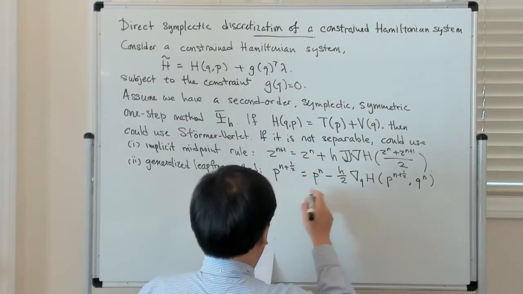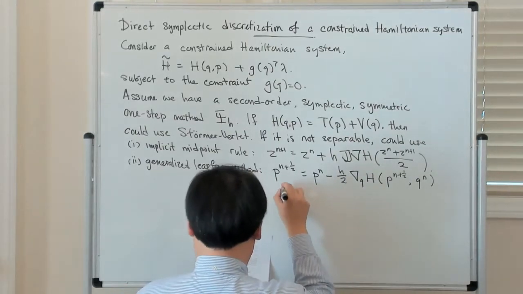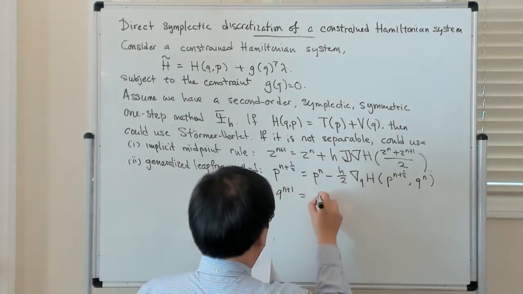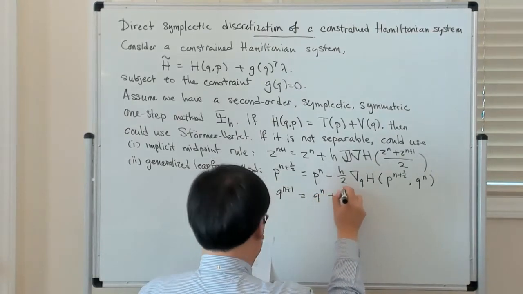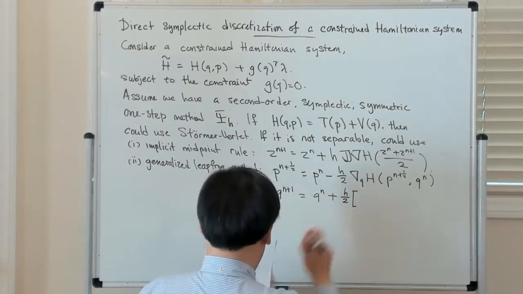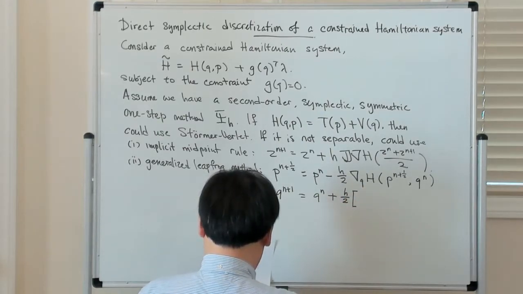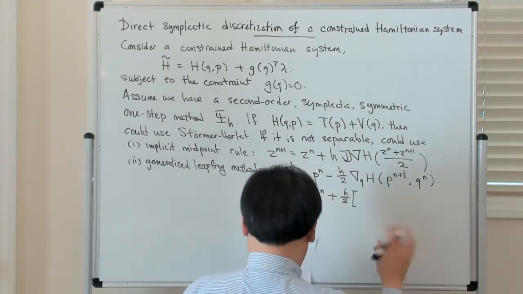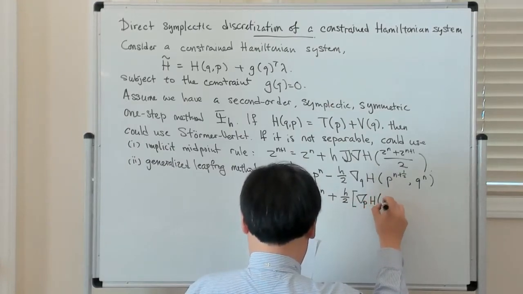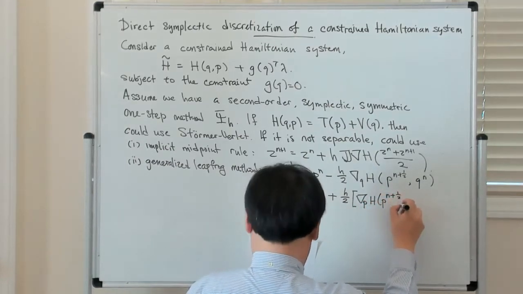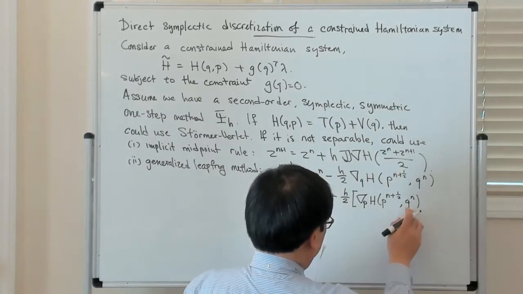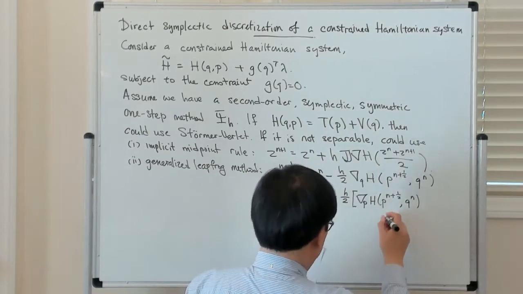And then you do a full step of the position, which is obtained by some average of the vector field. So this is almost like a trapezoidal thing, because the momentum is at the midpoint, but the position is at the two endpoints.